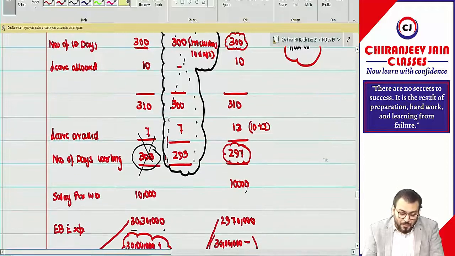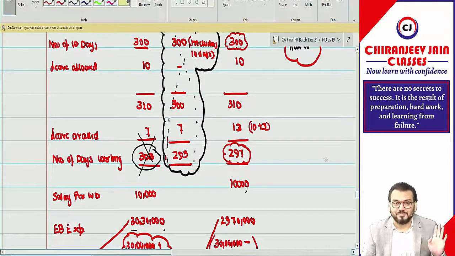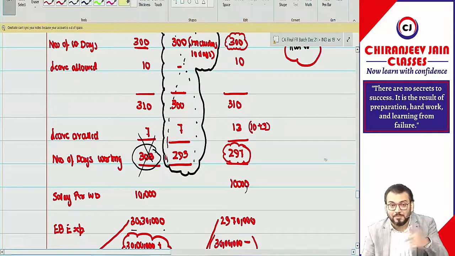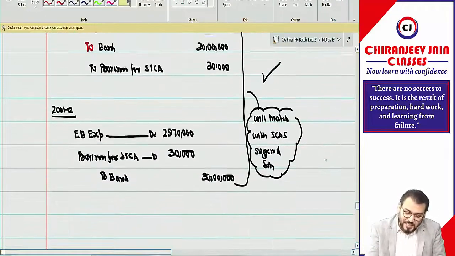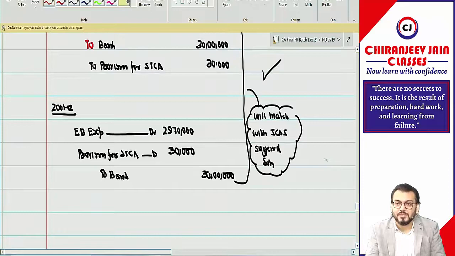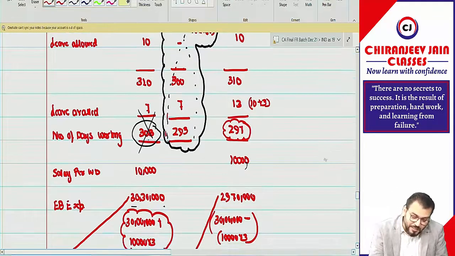If you follow my working, whether they will give marks, that is a concern. Even though you are okay with my working, whether in the exam they will give marks. Are you able to understand? Because this answer is the same only. The point is that they will see the working and they will see 293 days and this is 303 days, they will cut it.